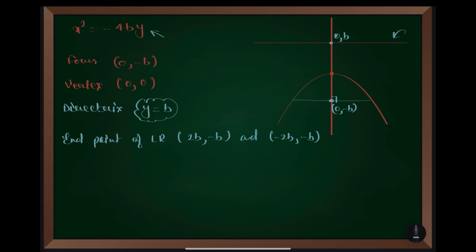So you got your endpoints of latus rectum. Also if I ask you the length of LR, you will answer, sir, it is 2b that side, 2b this side, so 4b. Okay, I hope with these 4 parabolas you guys can connect yourself.